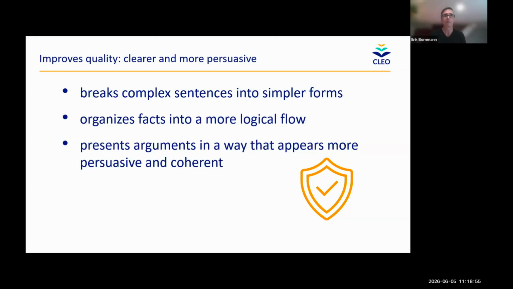The affidavits and pleadings prepared by the narrative assistant tended to break complex sentences into simpler forms, organize facts into a more logical flow, introducing topic sentences and point-first syntax, reducing the risk of burying the lead. It also presented arguments in a way that appeared more persuasive and coherent, adjusting tone to the process. For users of CLEO's guided pathways, these changes promise to help present their story in a way that aligns more with legal norms, increasing narrative strength, particularly in complex or highly detailed claims.